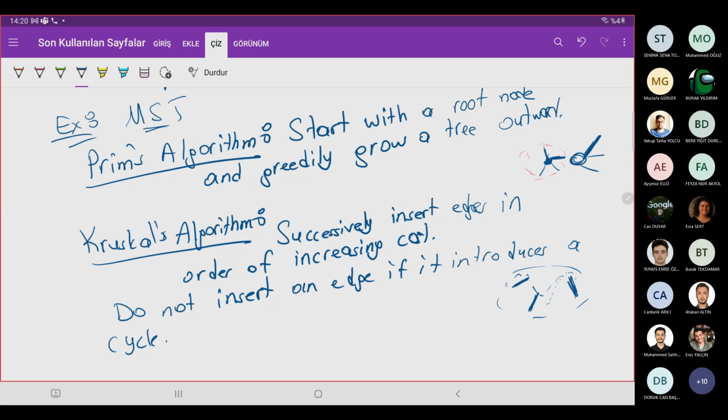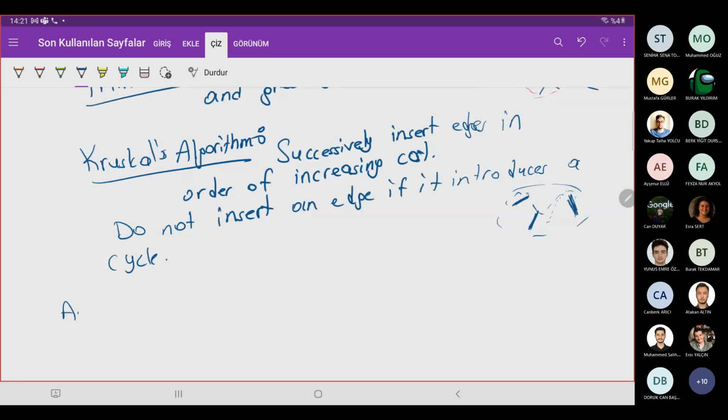Okay, some other algorithm I will just describe, another greedy algorithm. I will write it down and then we will take a break. Another greedy algorithm. Remove edges starting from the highest cost.